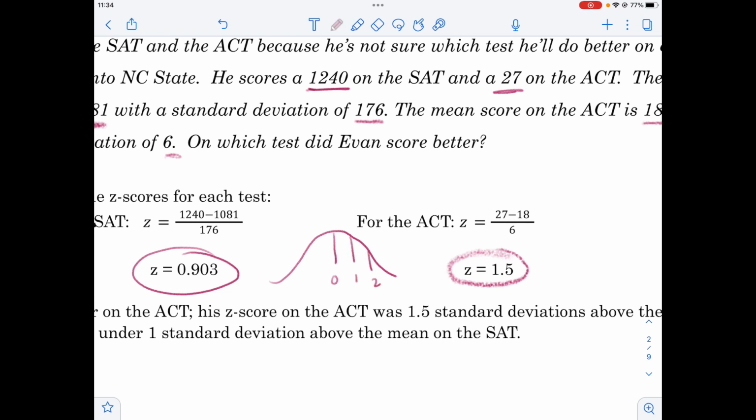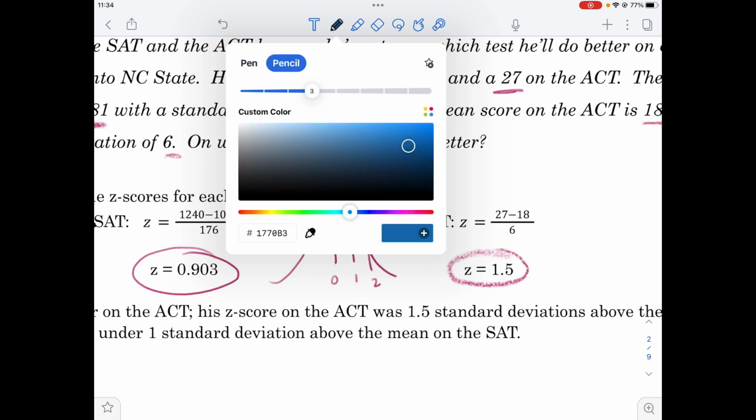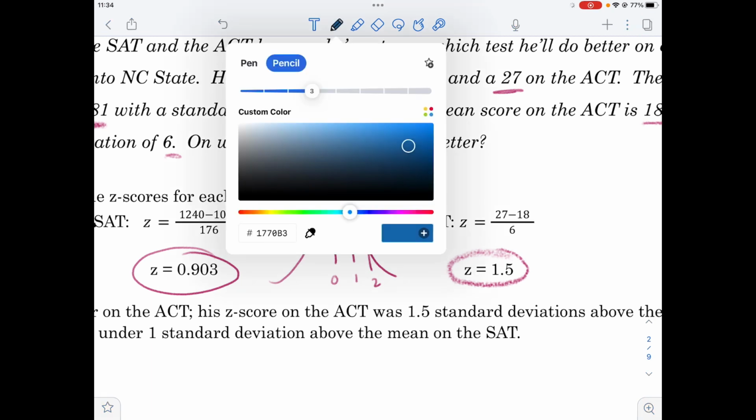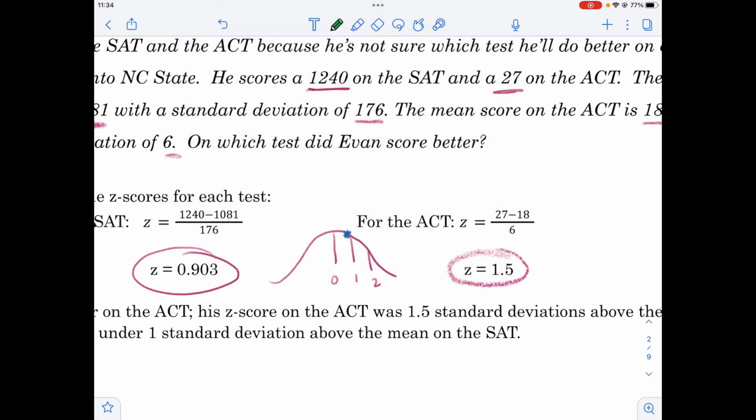For the SAT, he was about 0.93 above the mean, so right around there. However, for his ACT, he was 1.5 above, so here's 1, halfway through, so he was about here. Comparing them, obviously his ACT is much higher overall than his SAT.